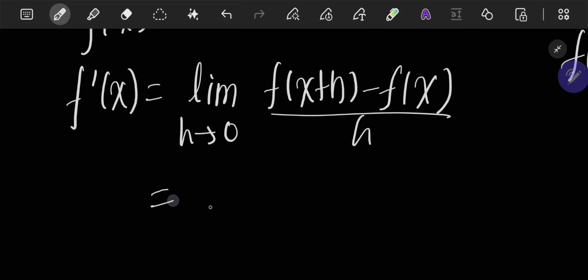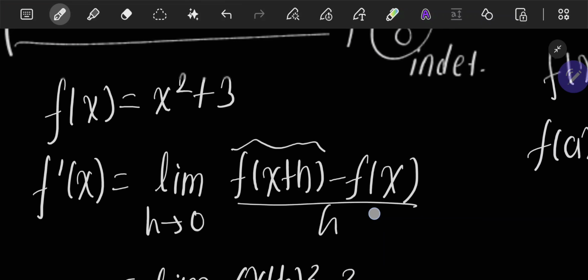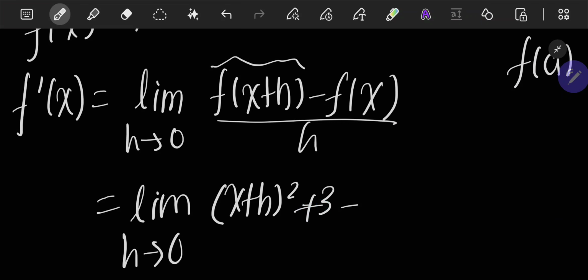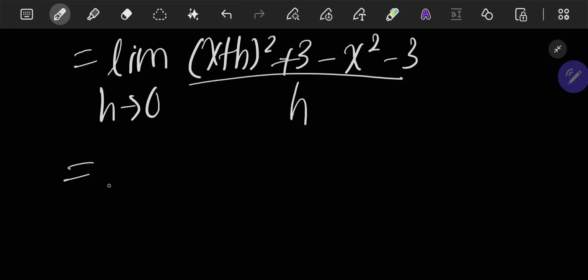Now, by our function, this is equal to x plus h squared plus 3 minus x squared minus 3, all over h. I've already removed the parentheses that would be here.